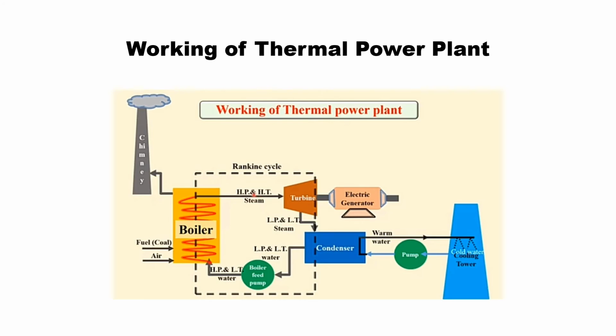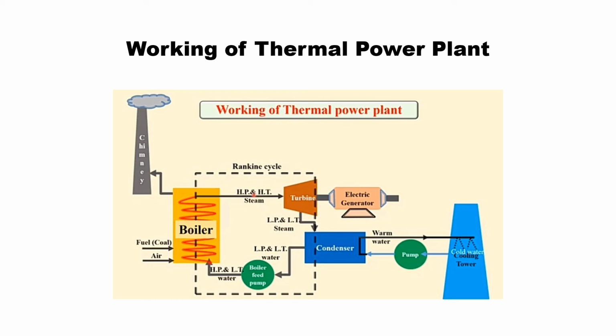In a thermal power plant we use coal as a fuel, and by using coal we generate heat. Inside the boiler, for burning purposes we use powdered coal, and burning of coal requires air or oxygen, and the coal will be burned and generate high heat inside the boiler.